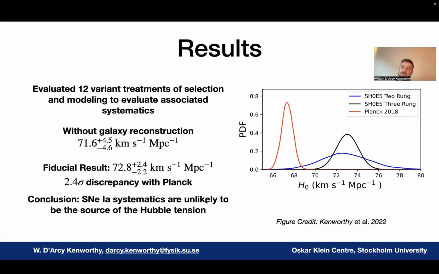When we include the information from the galaxy reconstructions, which are highly preferred by the data, we find our fiducial result of 72.8 plus 2.4 minus 2.2 kilometers per second per megaparsec, at 2.4 sigma discrepancy with Planck. So our conclusion then is type 1a supernova systematics are not likely to be the source of the Hubble tension. Thank you very much for your time.